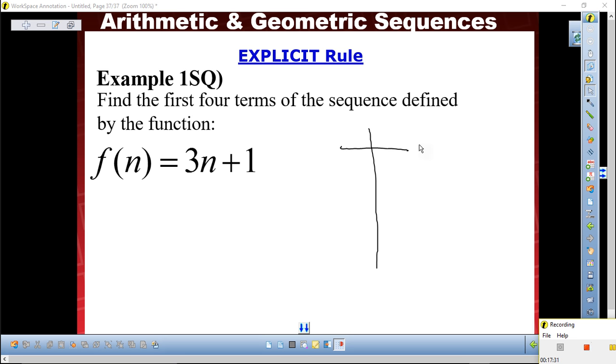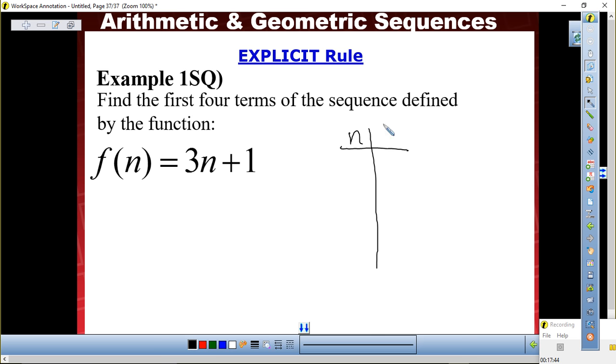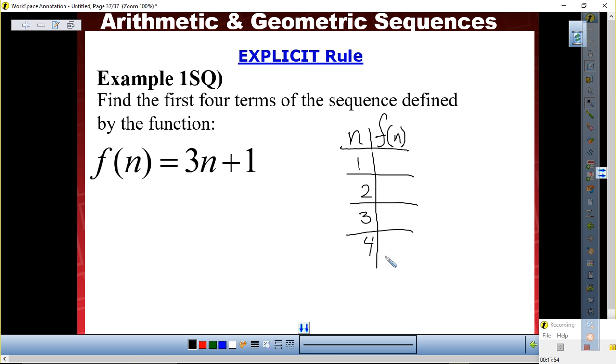Let's see, help me set up the table, please. Go ahead, Marcelo. What goes on top? F of n. F of n, okay? How about here? 1, 2. Thank you.